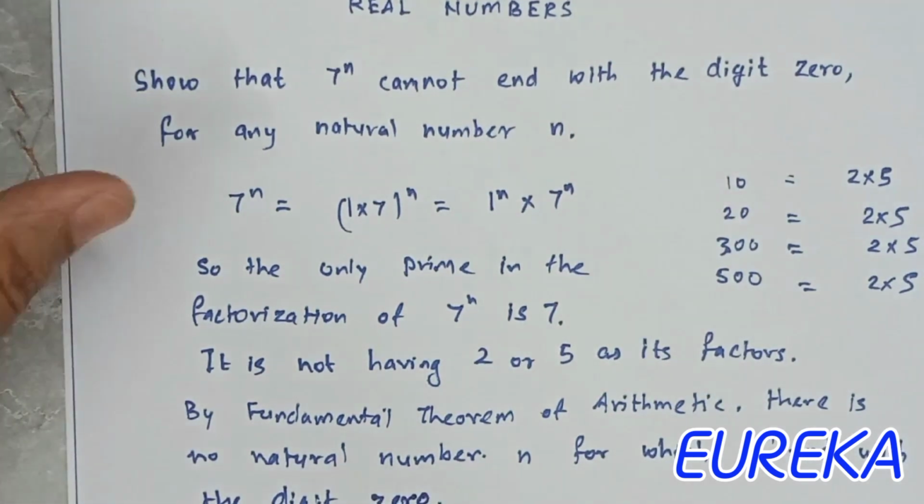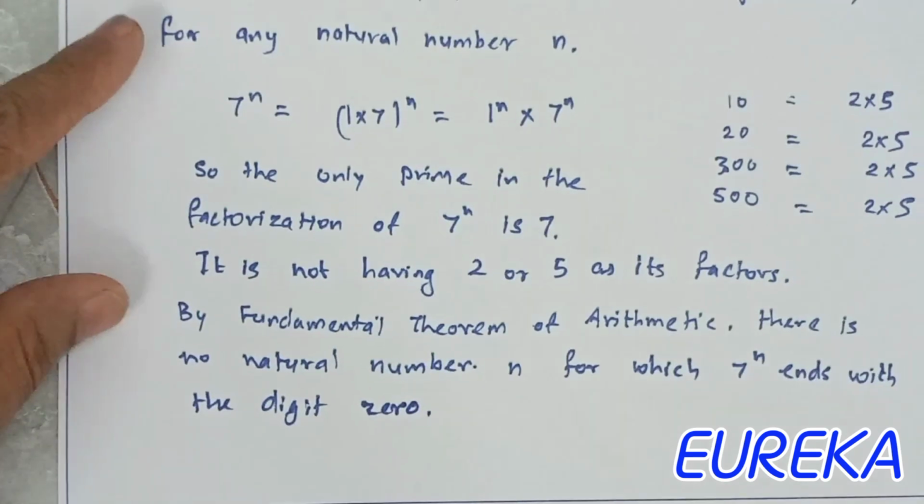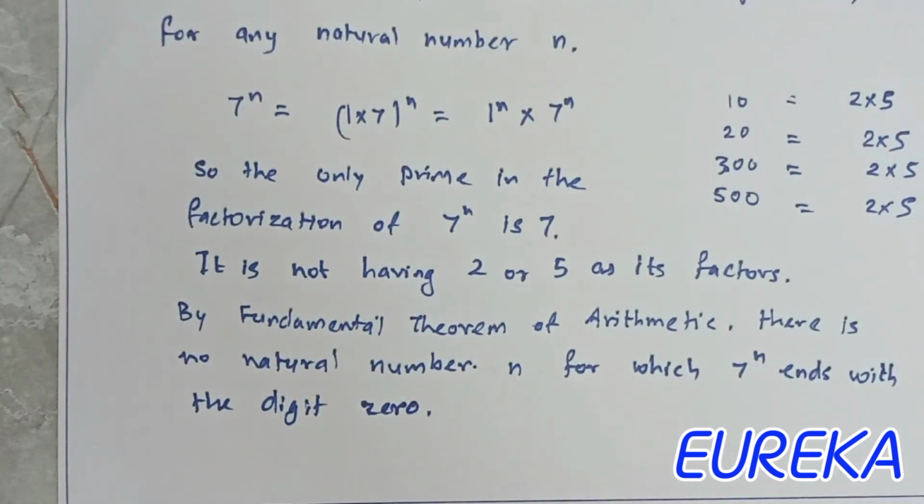That's why we say that 7 to the power n can never end with 0.